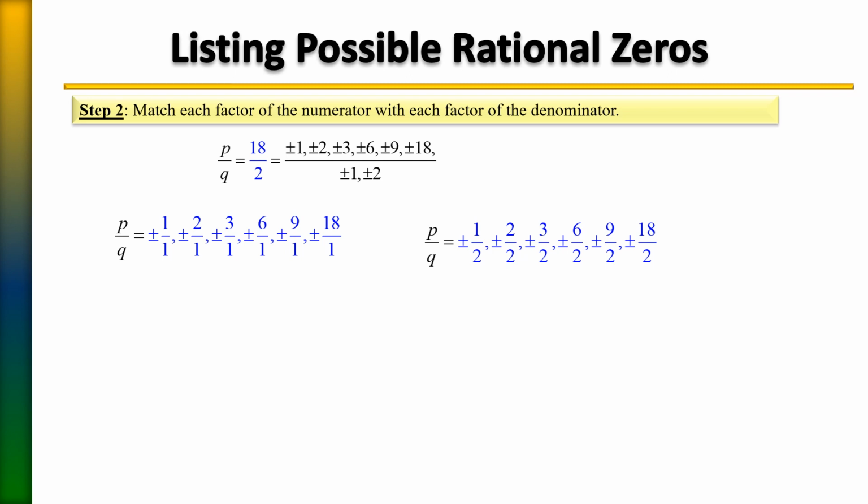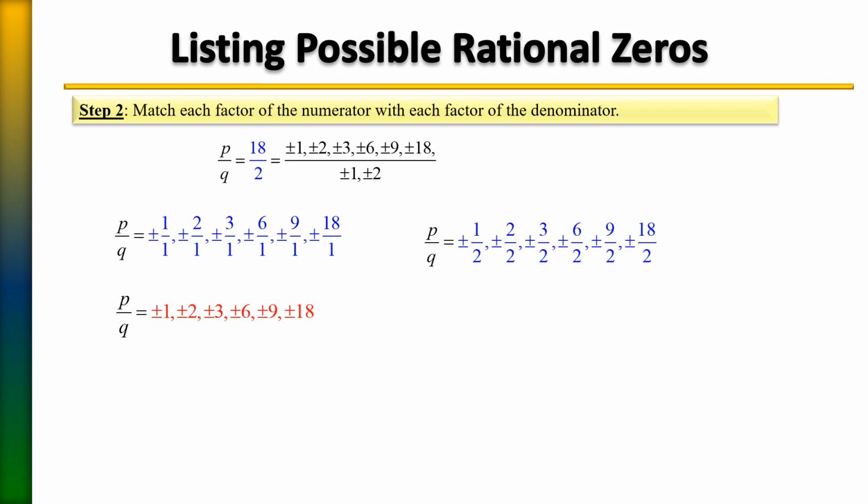So what we're going to have is these possible rational zeros: 1, 2, 3, 6, 9, and 18, because any number over 1 is that number itself. Now let's take a look at this group over here. We need to make sure that there's no factors that repeat themselves. So let's take a look at the first one, 1/2.